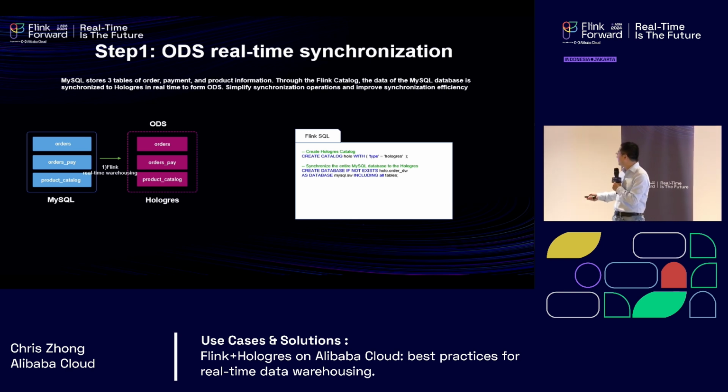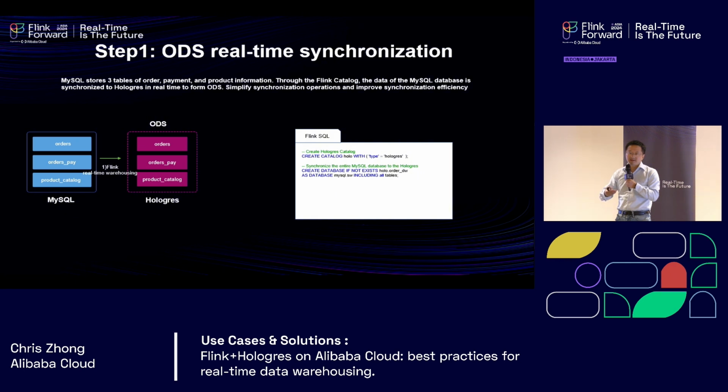So here we leverage the Hologres catalog. We create a Hologres catalog, then we just use the syntax CREATE DATABASE AS. By this simple SQL statement, we can synchronize the whole database from the source to the ODS layer.